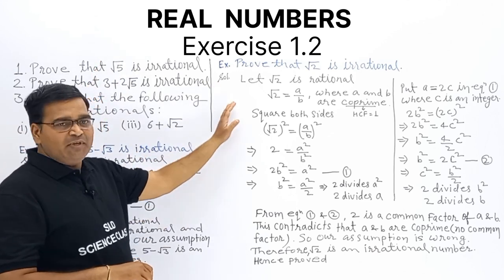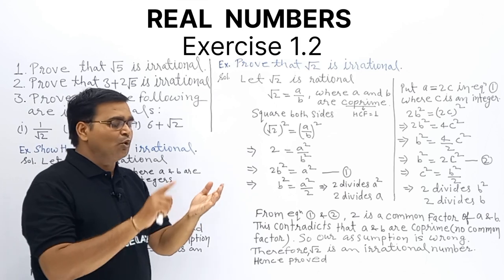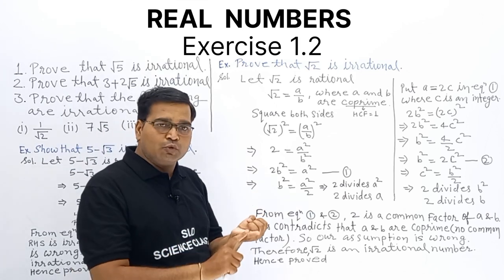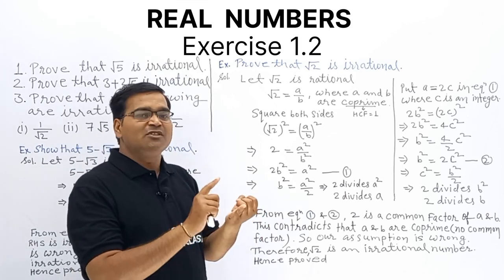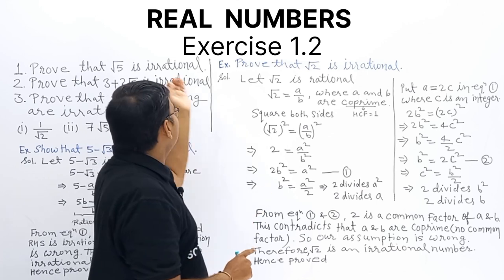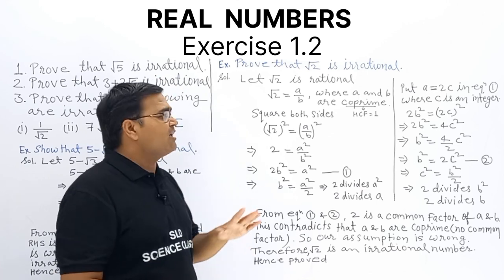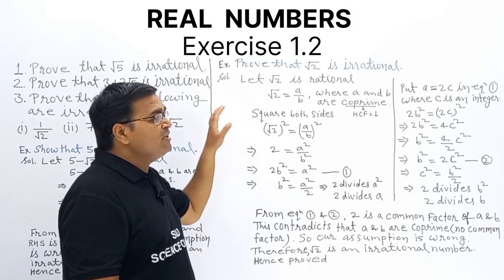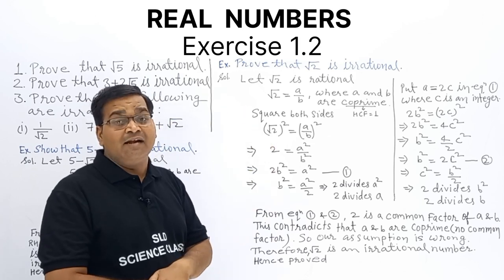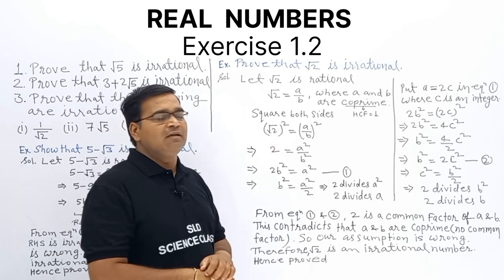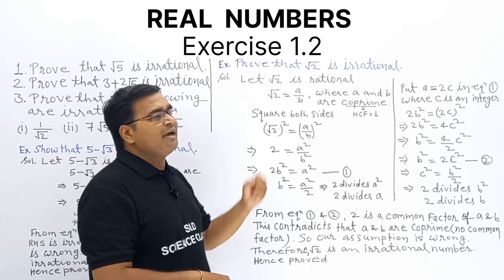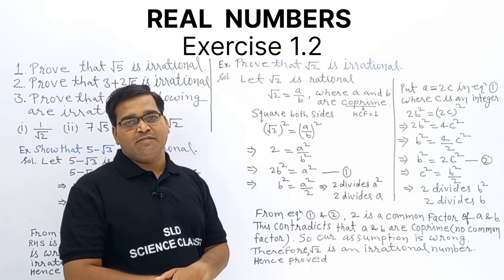In this we have 3 questions. We want to prove square root of 2, square root of 3, and third, square root of 5. In this class, I am going to take all these questions. So learn carefully, observe carefully, and 100% you will get some idea about these sorts of questions.